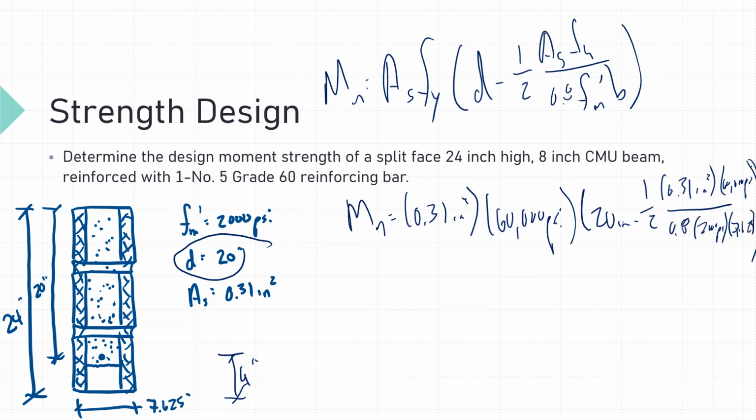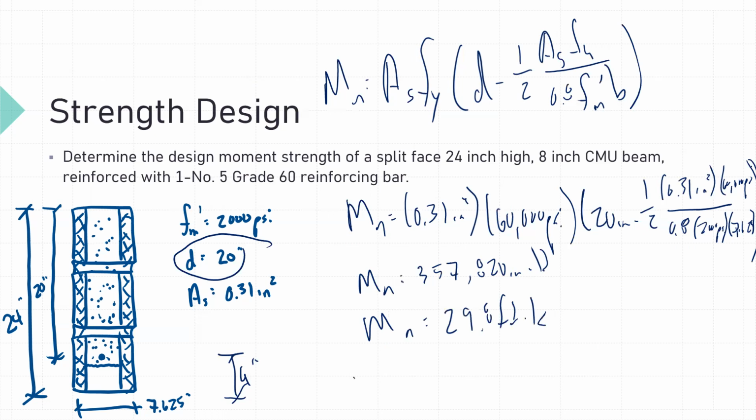Sorry, I had to cram that in there. So if we multiply this out, our nominal moment capacity for this 3-course lintel with 1 number 5 bar is 357,820 inch pounds. And so if we convert that into foot kips, we're looking at about 29.8 foot kips.